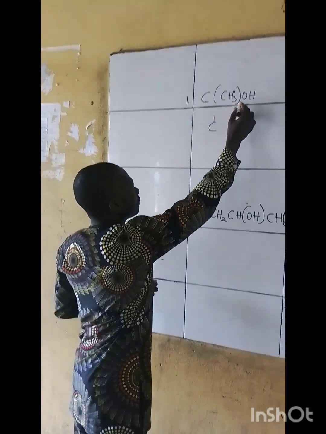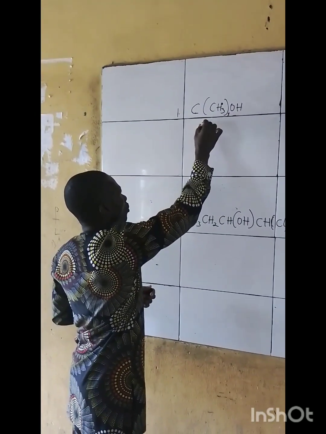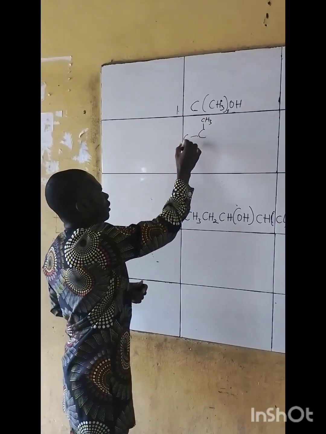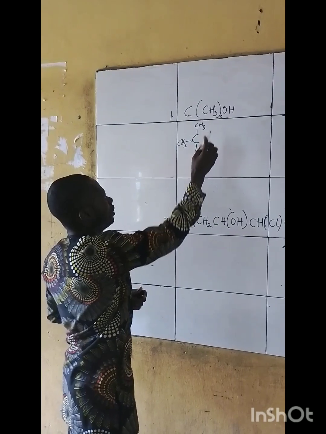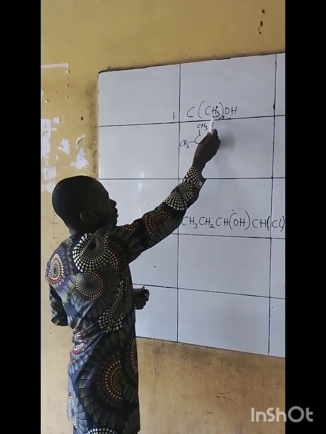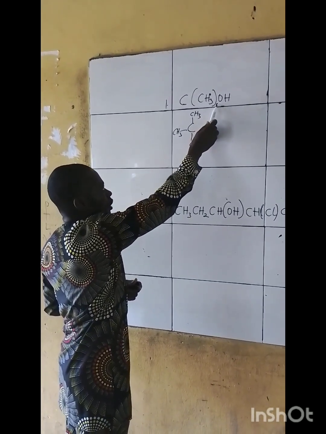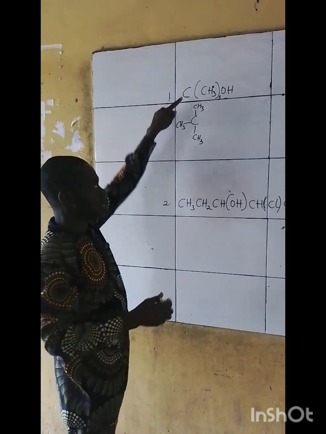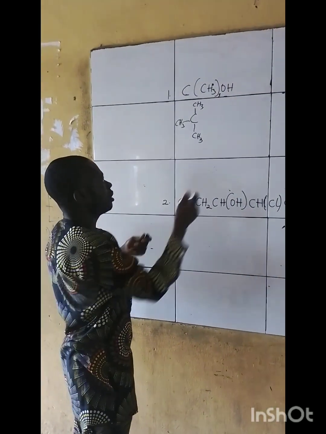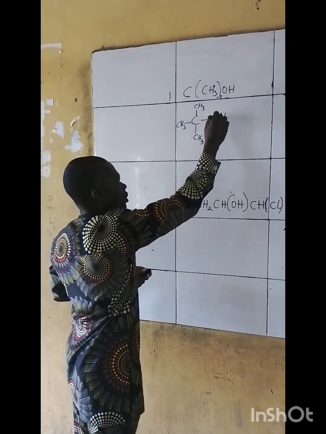Alright? There will be one CH3 here, another one here, another one here. That is why you see that we have this CH3 and we have 3 outside, showing that there are 3 methyl groups attached to this carbon atom. And this same carbon atom is the one bearing this hydroxy group.